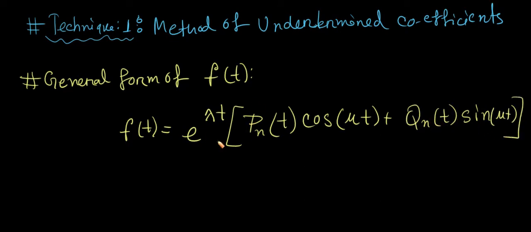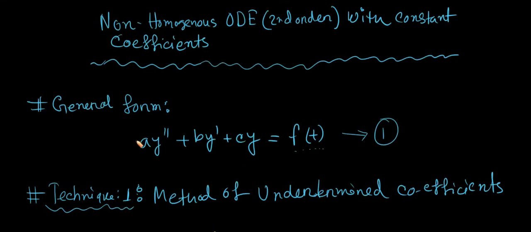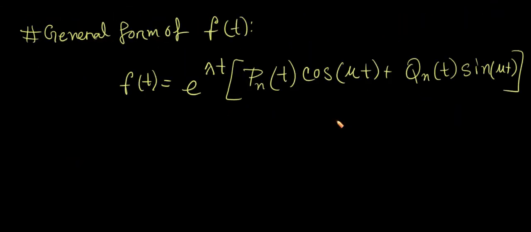Now you might have a lot of questions. What are lambda, Pn, mu, and all these things, and where are they coming from? The motivation for writing this kind of function comes from solving the homogeneous part of equation 1, that is, where f of t equals 0.